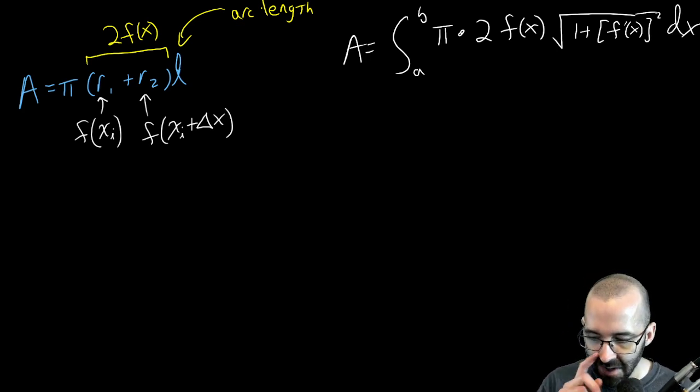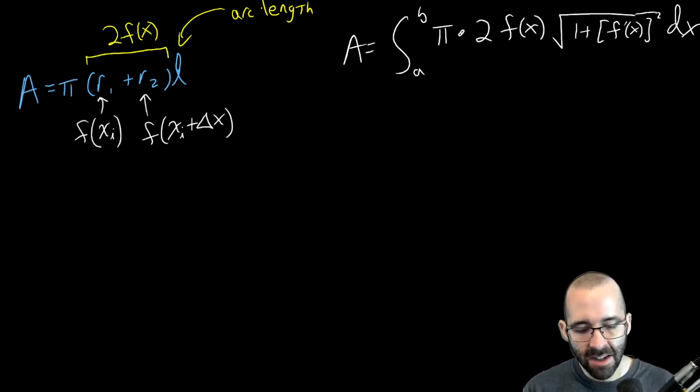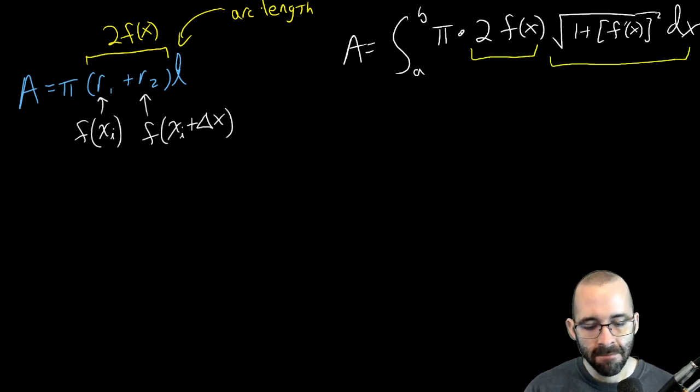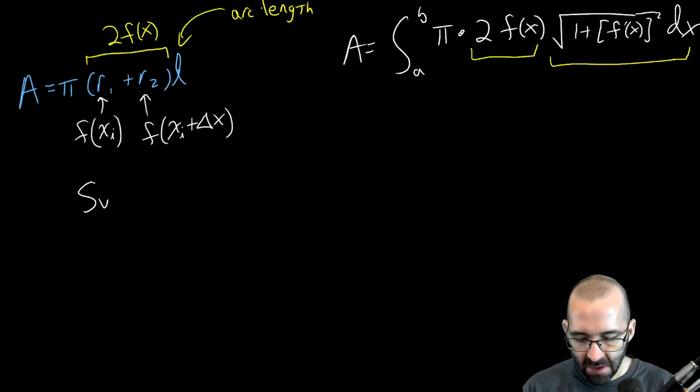And that's how we're going to find surface areas. We usually rewrite this a little bit, right? We can take the 2 pi in front. That's where it's all coming from. All right, that's the one part. That's the other part. We add them all up, get that integral. So we get surface area.